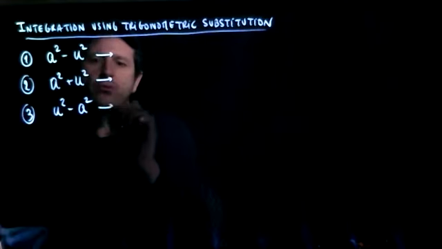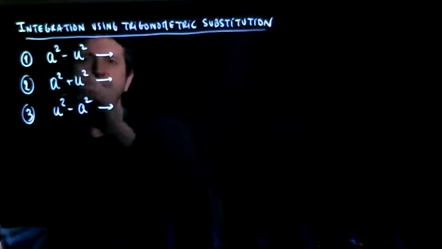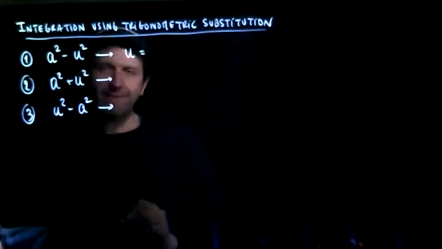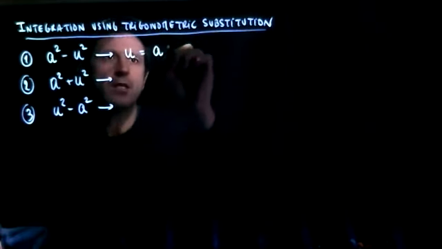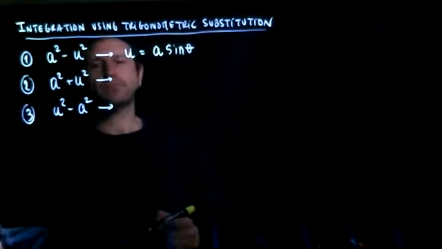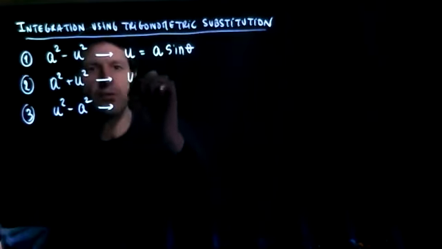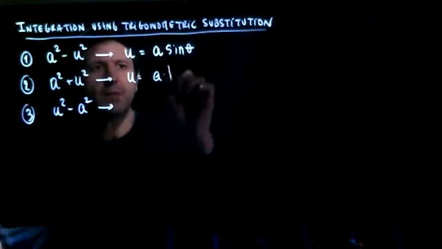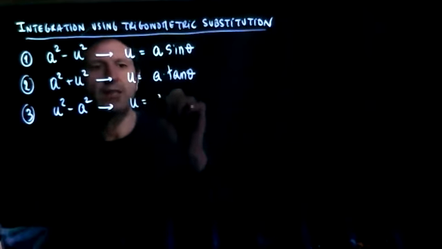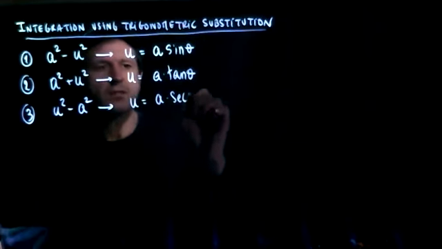Then you will do the following substitutions. In this case, you will set U as A times the sine of theta. Here you will set U as A times the tangent of theta. And here you will set U as A times the secant of theta.